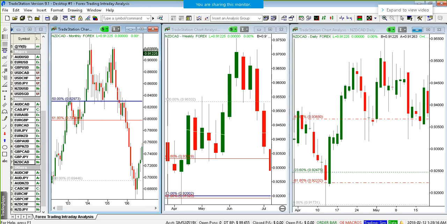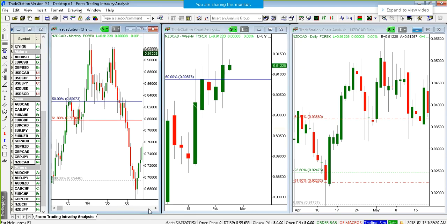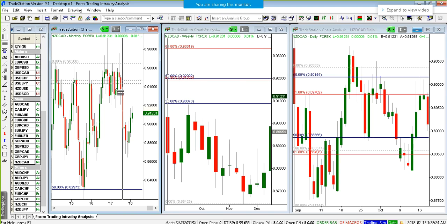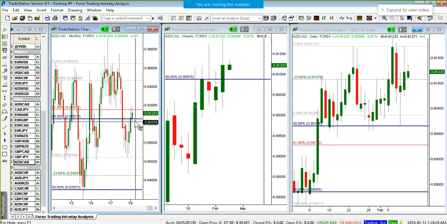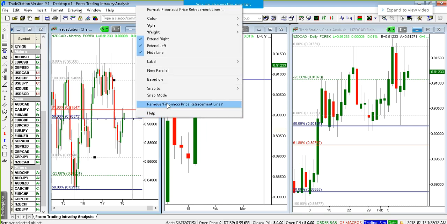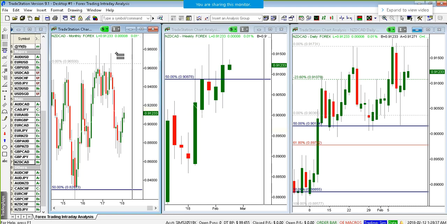In order to do that, we need a setup short. When we look at the monthly here, one potential level that we were looking at was the 50%, the extension short here, which did not come, which saw no participation.